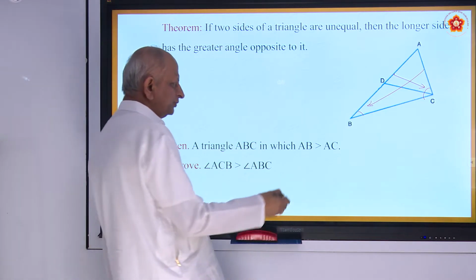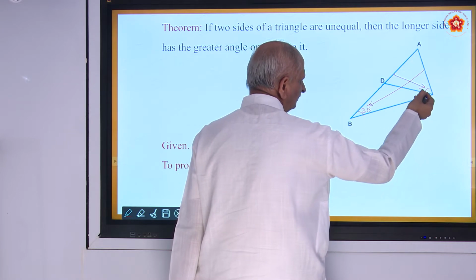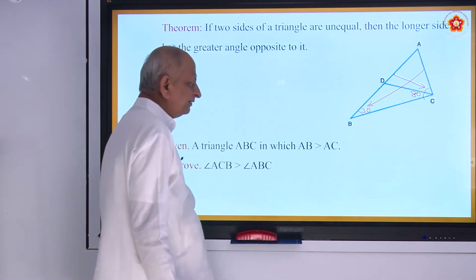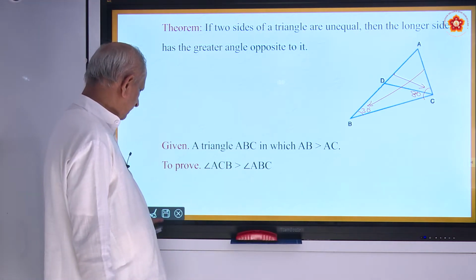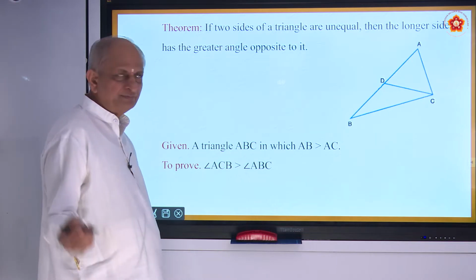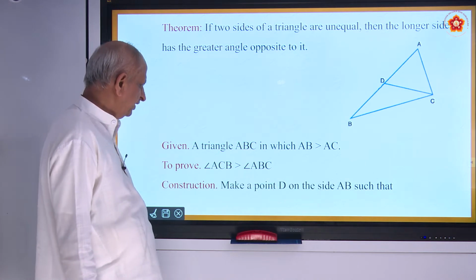Means what? Suppose this is say 30 degrees, it may be say 80 degrees or 70 degrees, like that. That is the meaning. Okay, that is a theorem. We have to prove it. Note it down. Okay, we will pass on to the construction.